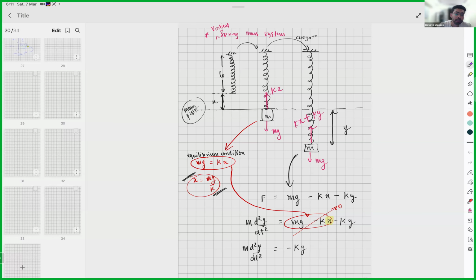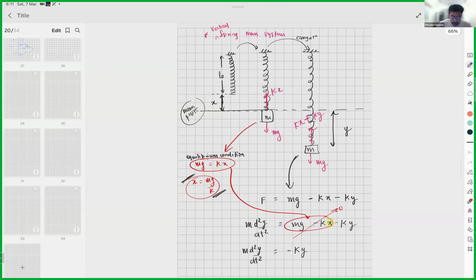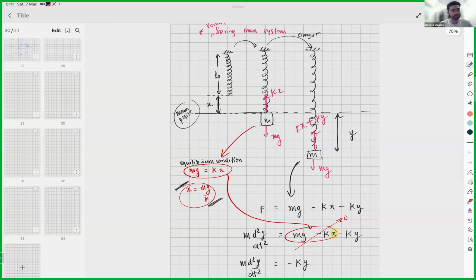In fact, even in gravitation, you can have some systems which oscillate in an SHM. Everywhere you'll see, and even molecules, you can assume that when you have very small displacement, they oscillate in an SHM.